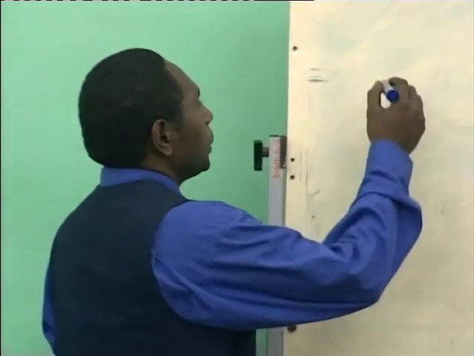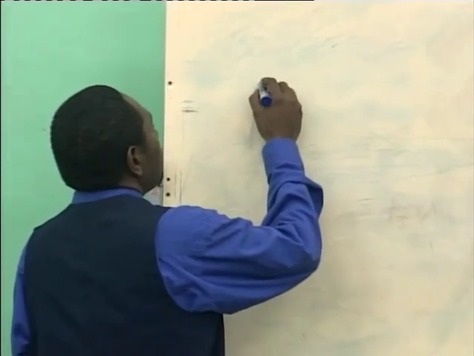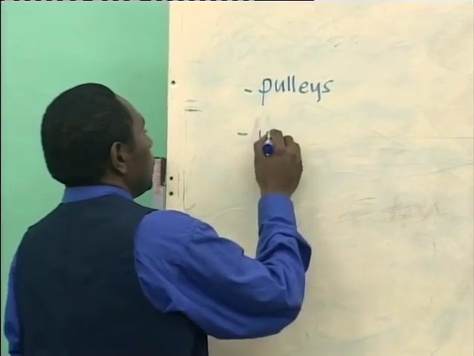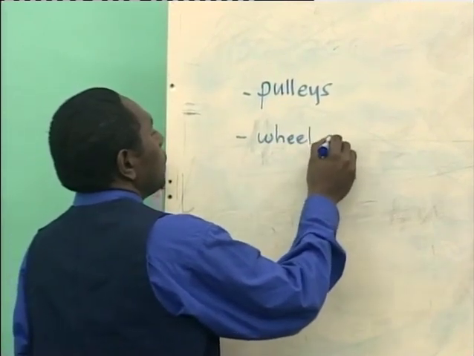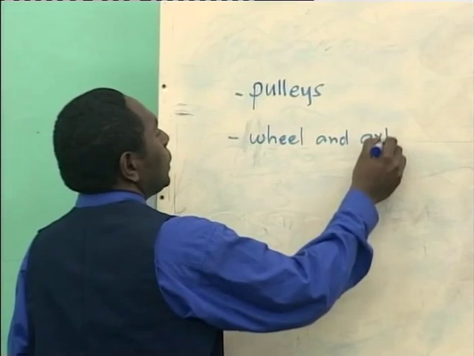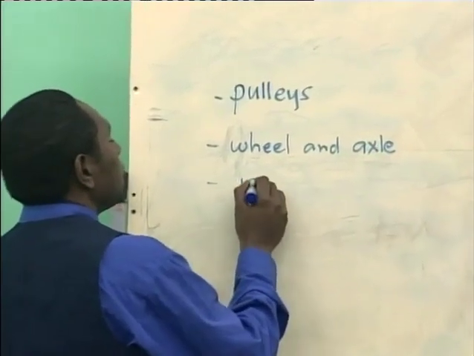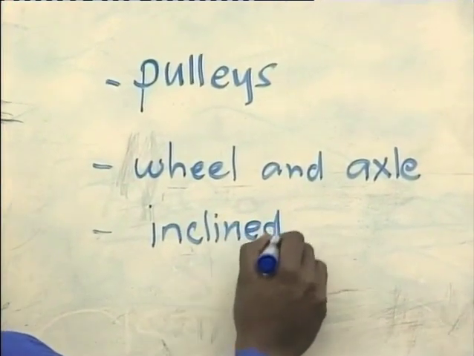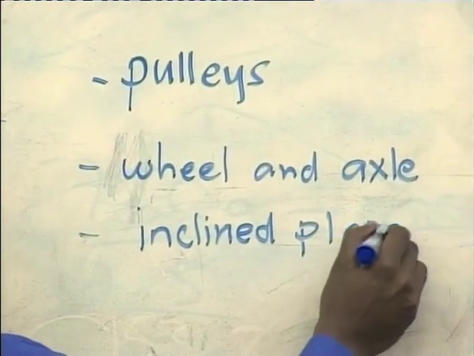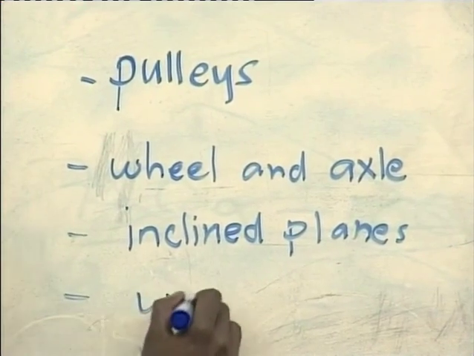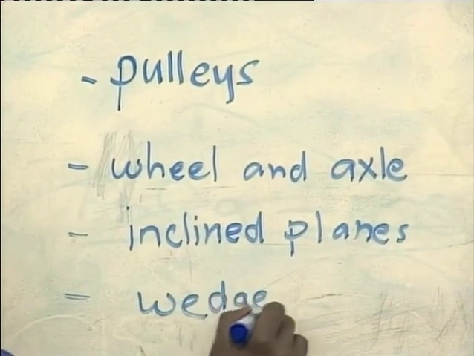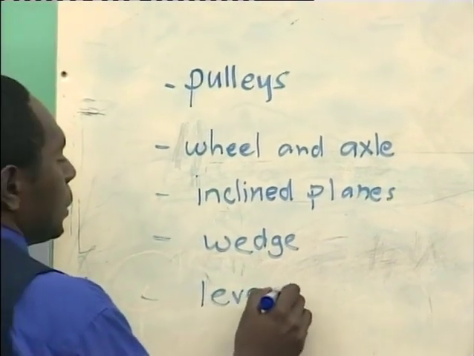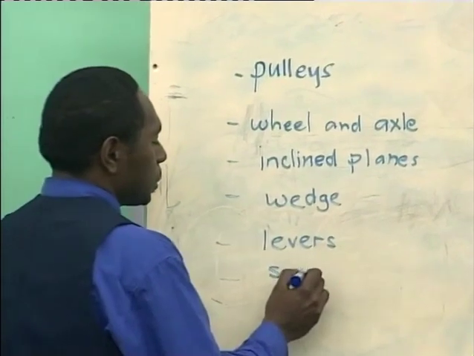Now, you looked at pulleys, wheel and axle, inclined planes, wedge, levers, and screws.